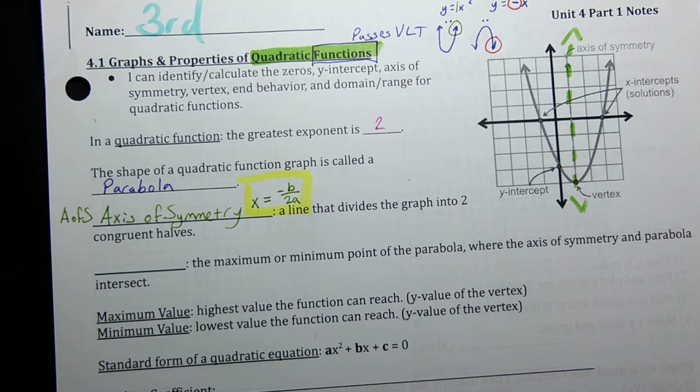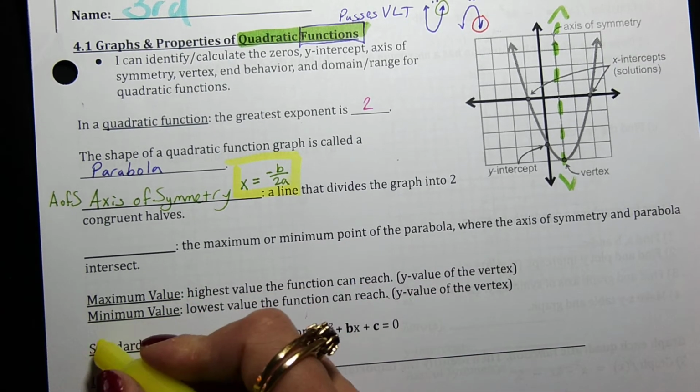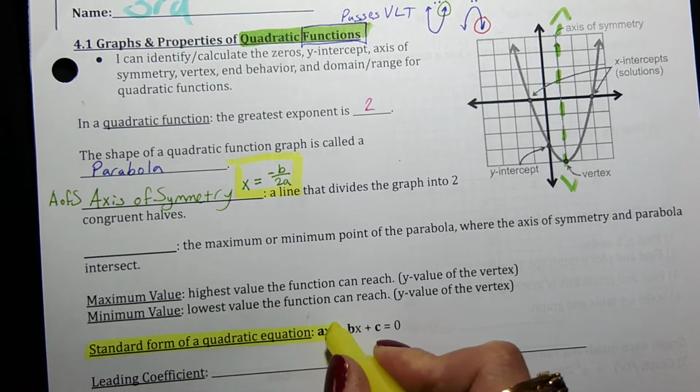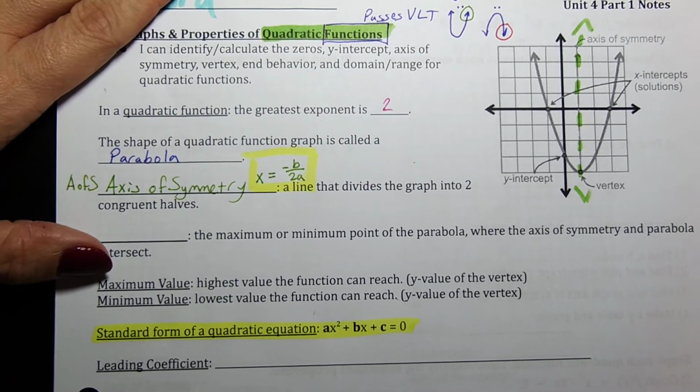Now, if you're looking at that going, how is that a vital part for graphing parabolas when we haven't had to use it before? The key with how we've graphed parabolas in the past is we were able to use our transformation rules because they were in transformed format. In this unit, we are going to be looking at standard form equations for quadratics, which look like ax squared plus bx plus c equals 0.